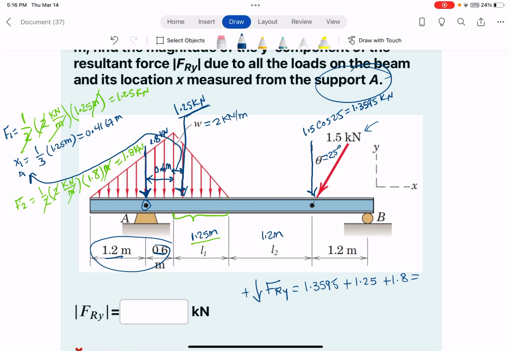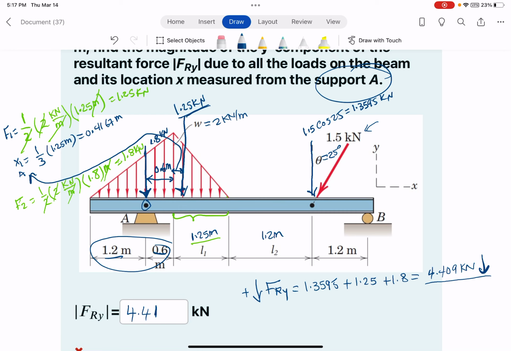So 1.3595 plus 1.25 plus 1.8, and that's going to be 4.409 kilonewton. And of course the direction is positive, so it's going to be going down. So you're going to put here 4.409, which with significant figures is 4.41.